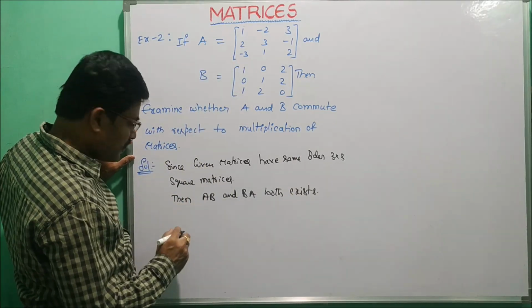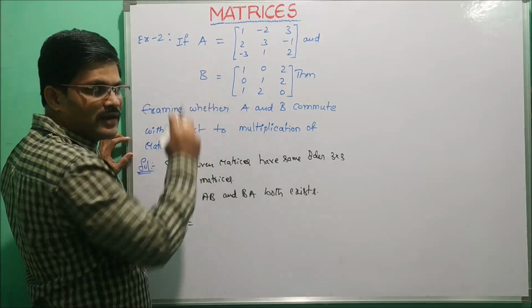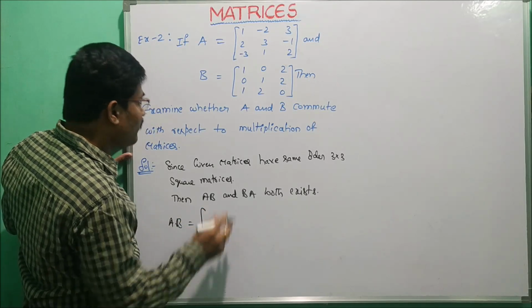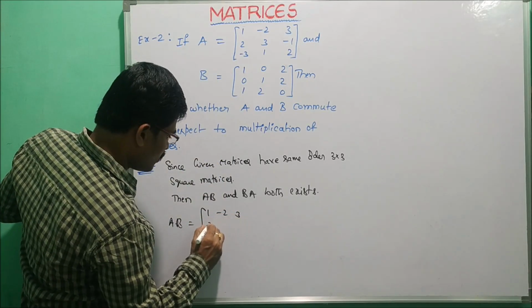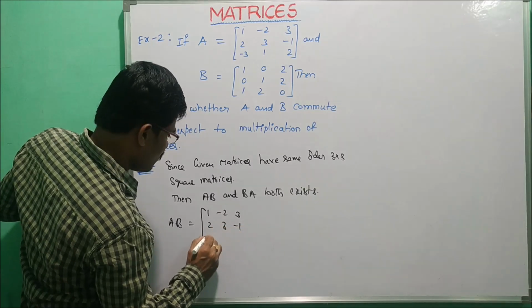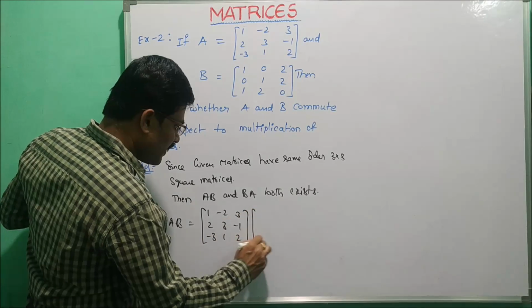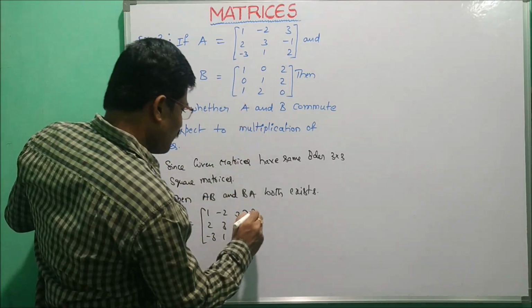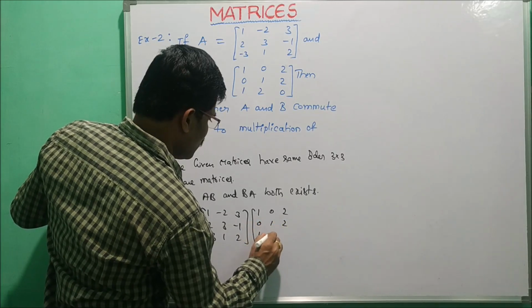Now we have to take A into B, that is AB. Already given the matrices A and B. Now we write the two matrices: the first matrix is 1 -2 3, 2 3 -1, -3 1 2. The second matrix B is 1 0 2, 0 1 2, 1 2 0.